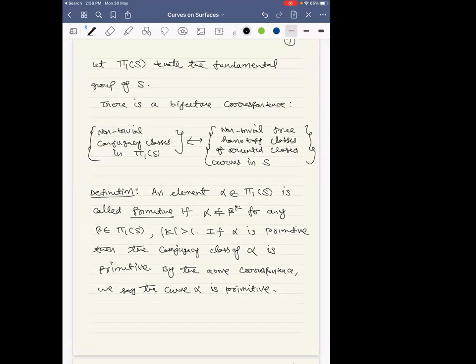Here is a notion which is purely algebraic in nature. An element alpha in pi1 is called primitive if alpha is not a power of some element. That is, alpha is not equal to beta raised to the power k for any beta in pi1, where of course mod k is greater than 1. You can notice that if alpha is primitive, then the whole conjugacy class is primitive.